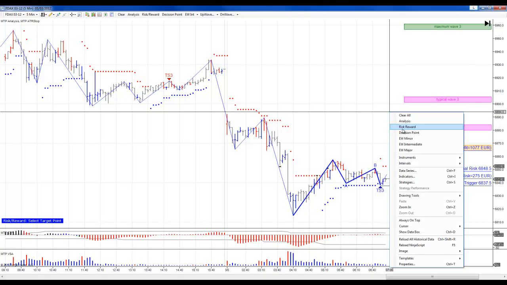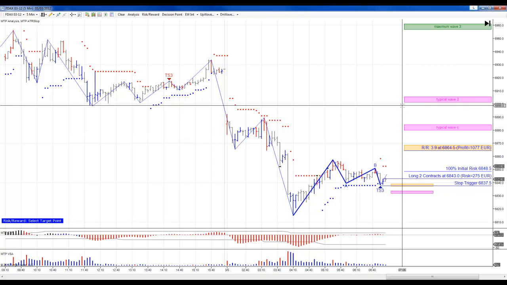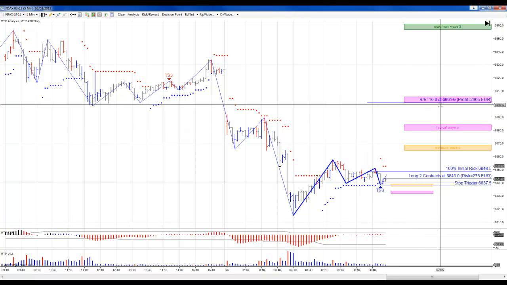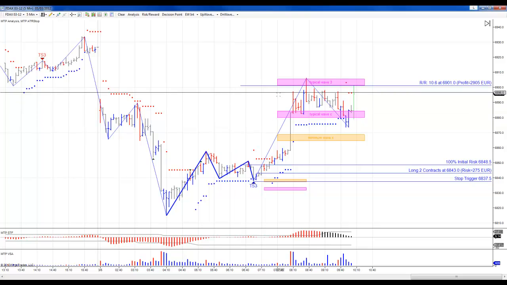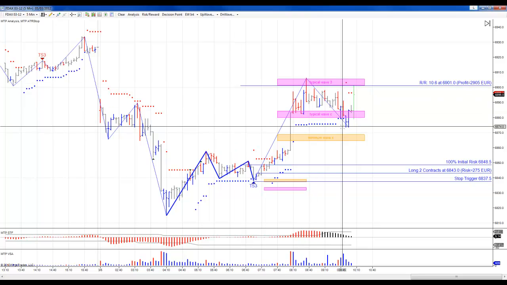Whoops, if I get that right. I need 3 mouse clicks. Initial target up here for plus 10.6R. So we knew that this was our target before the market got there, and as you can see, that's exactly what happened. The market got up there before backing off.